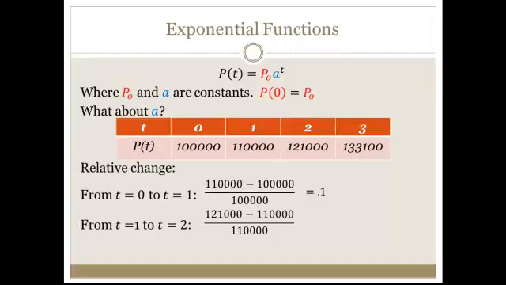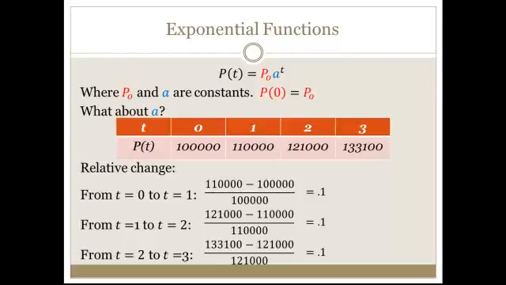This simplifies down to 11,000 over 110,000, which is 0.1. Finally, from t equals 2 to t equals 3, our relative change is 133,100 minus 121,000, all divided by 121,000, which again simplifies down to 0.1.